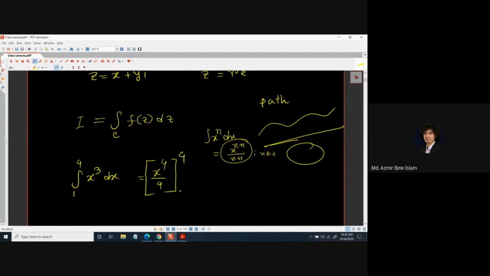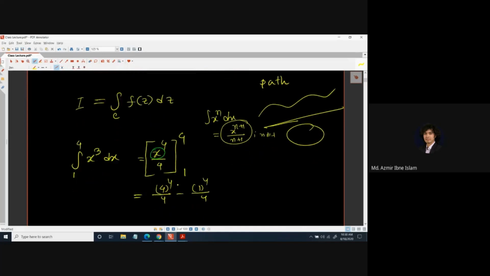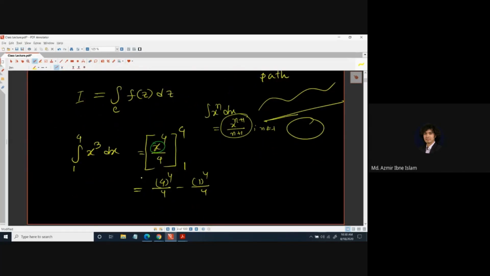We have upper limit 4, lower limit 1, and we input them in the place of x. So it will be 4 to the power 4 over 4 minus 1 to the power 4 over 4. So here we are getting 4 cube minus 1 over 4, and you get the result. This is how we practice this integration.